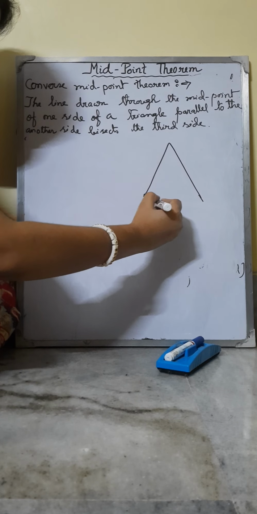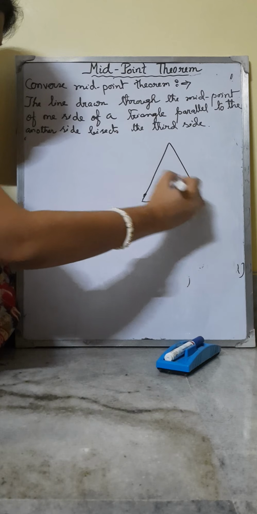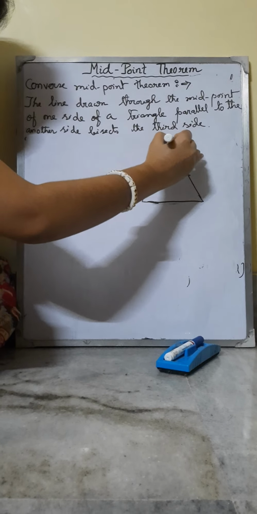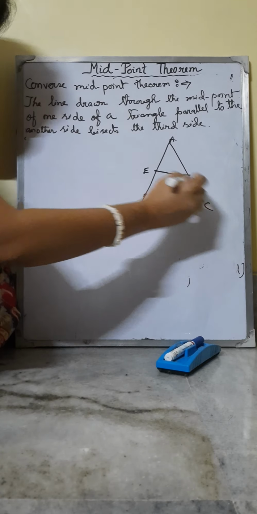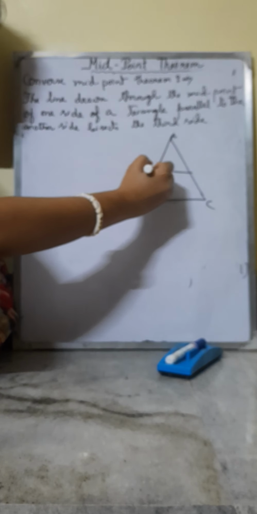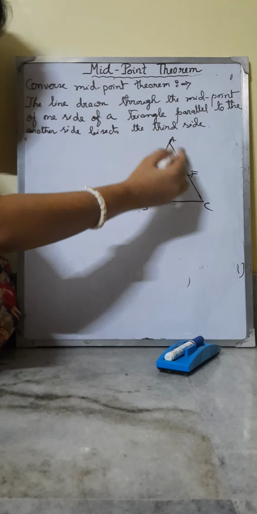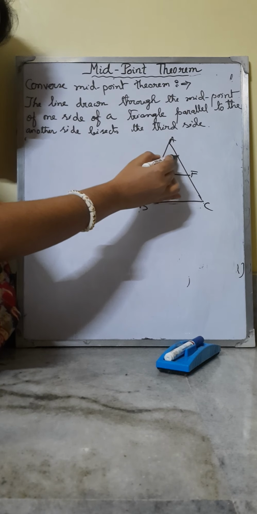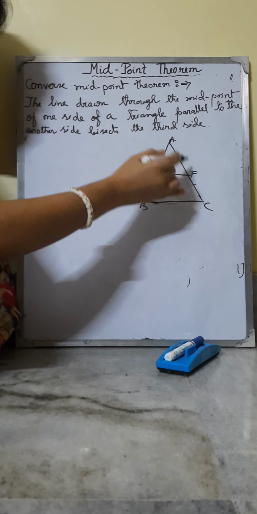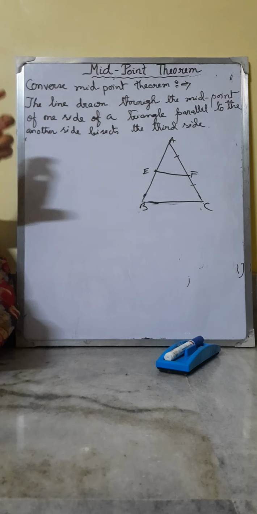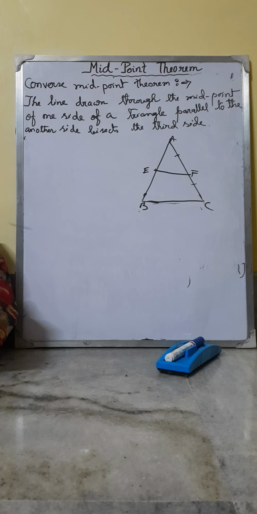ABC is a triangle. E is the midpoint of AB. From E, if we draw a line segment which is parallel to BC, this line segment joins the third side and bisects it. That means it bisects AC into equal parts. That means we have to prove AF equals FC.